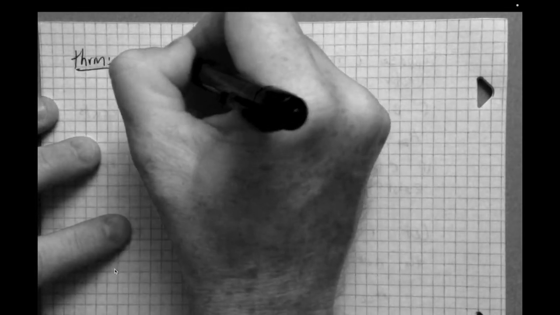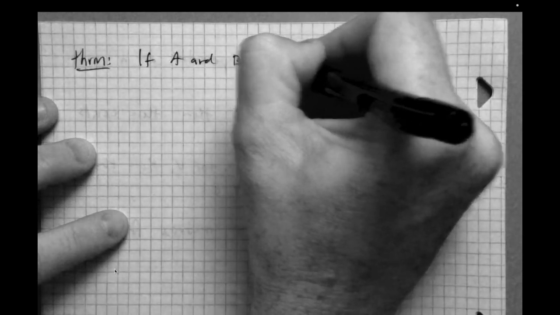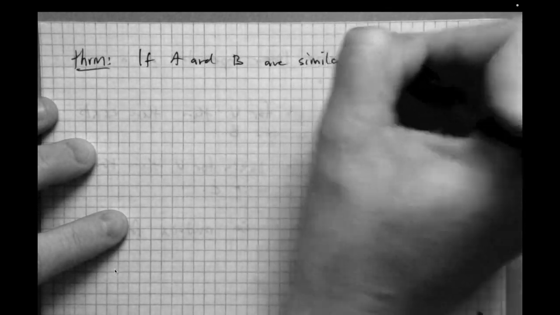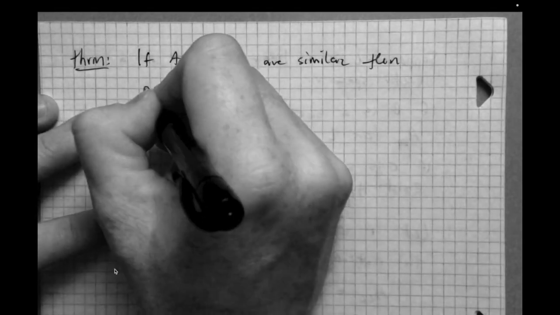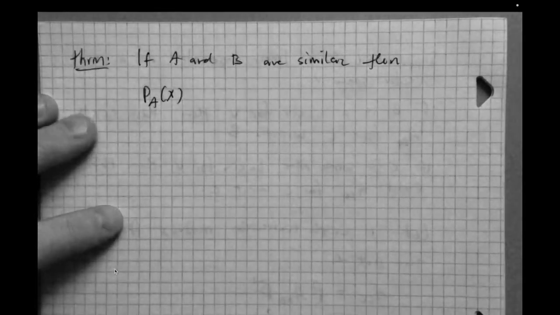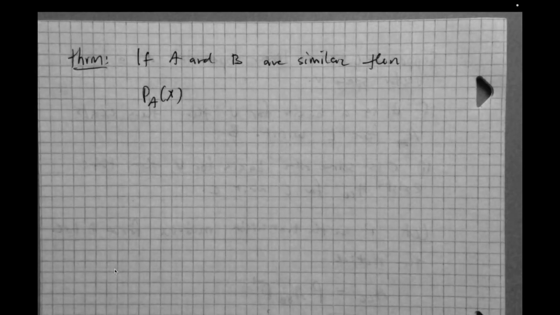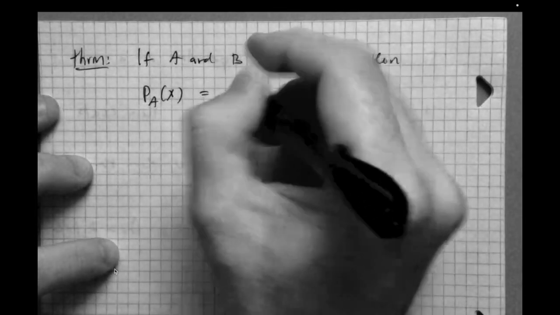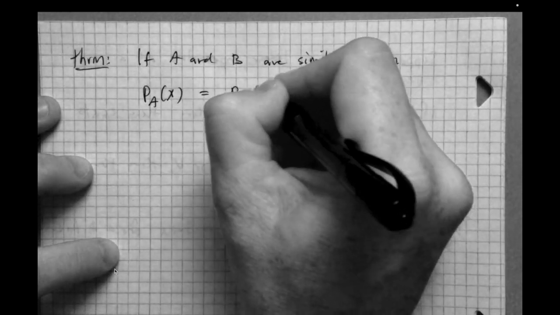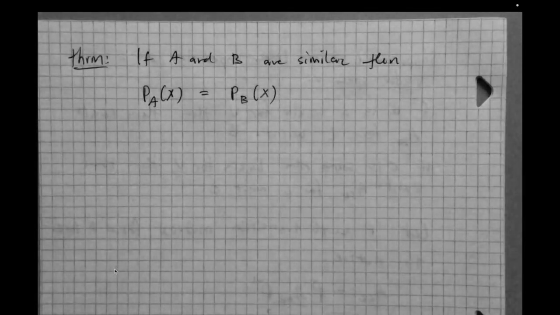So if A and B are similar, then p_A(x), the characteristic polynomial for matrix A, is equal to the characteristic polynomial of matrix B. May not be obvious why that is true, but it is true.